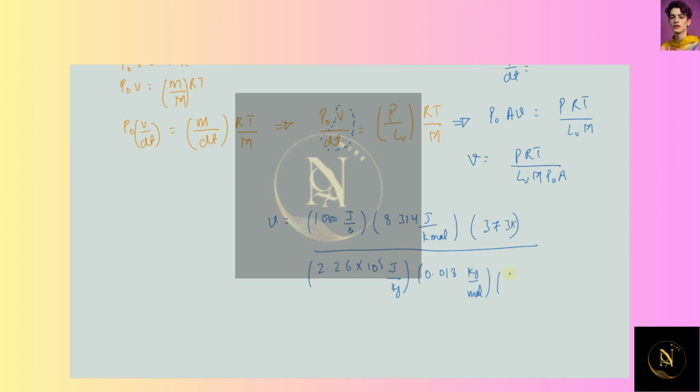And the pressure, we know it is 1.013 × 10^5 Pascal. And finally the area, which is 2 × 10^-4 meter square. So we simplify and we'll get the velocity as 3.76 meter per second. So this is the final answer for the given problem.